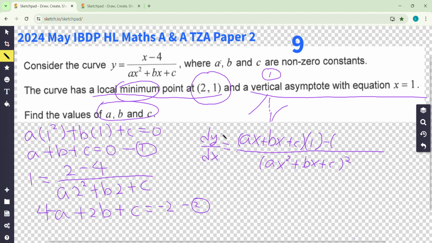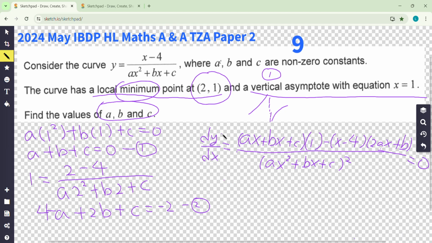And then minus the numerator, differentiate the denominator, so it is 2ax plus b. Complicated fraction, but equals 0, so only the numerator equals 0.